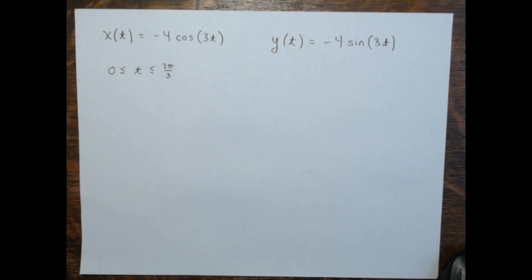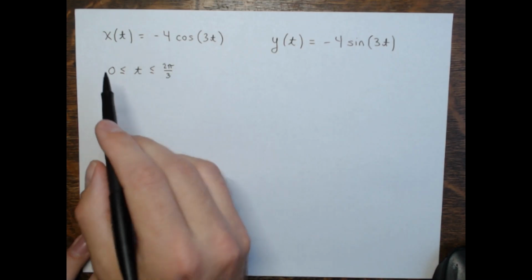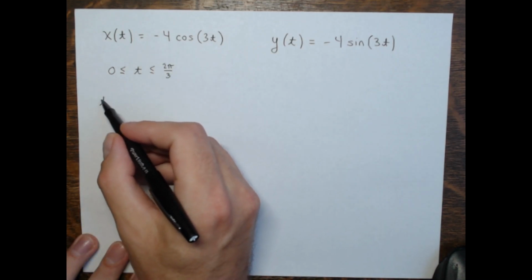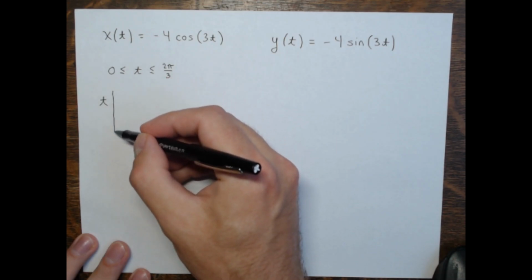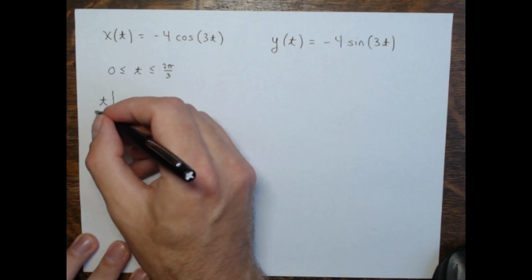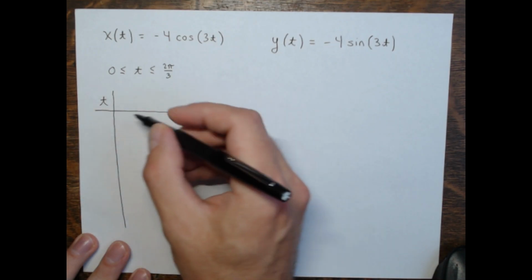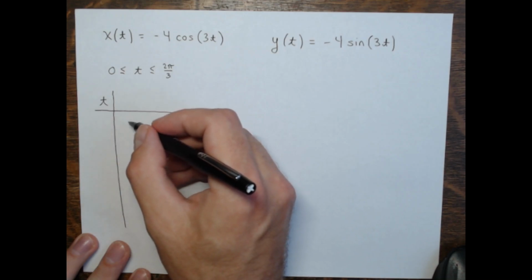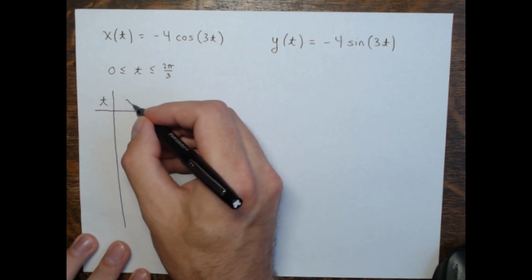All right, so I'm going to put up a similar table to one we've seen before with trigonometric parametric equations, where one column will have values of t, and then for each value of t I plug in, we're going to get the corresponding value of x.